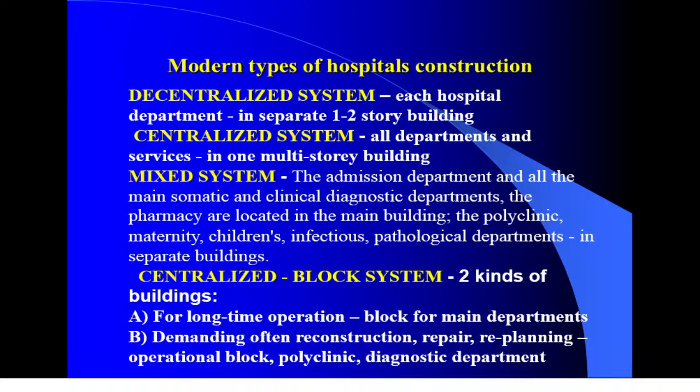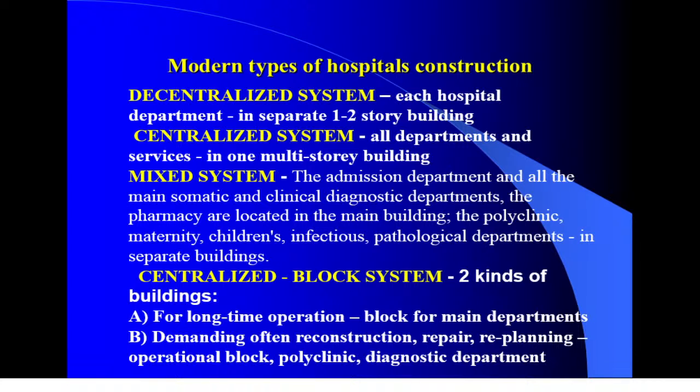But I think it's not a vital question, and now we can discuss modern types of hospital construction. Some of them are now not modern, but we have such hospitals. There are four main types of hospital construction.